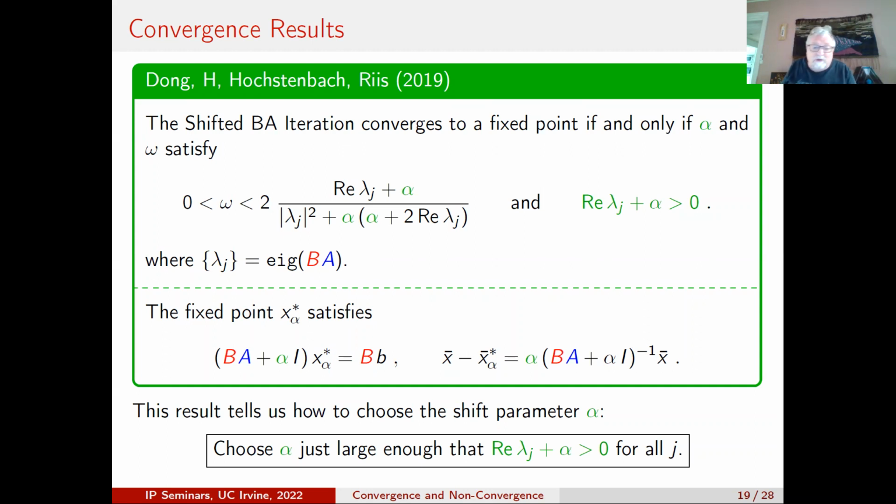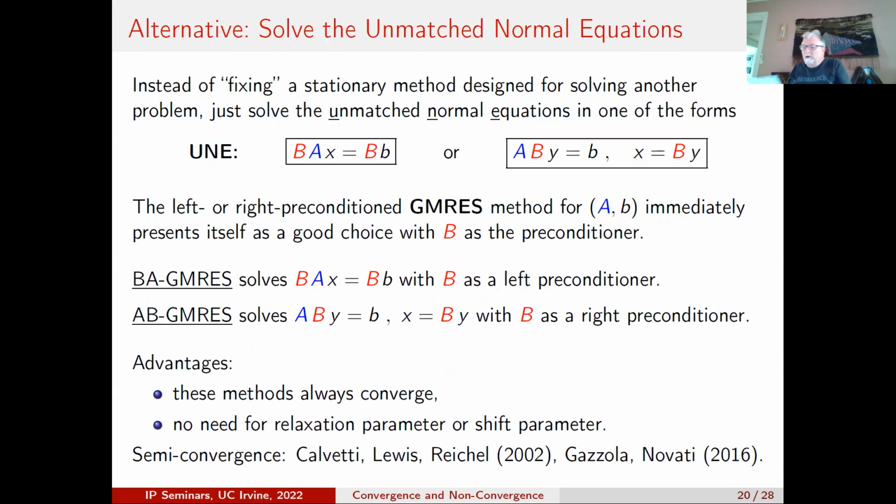And I could stop my talk here, but I want to go on because there's something else you could do. As I mentioned, these classical stationary iterative methods will refuse to converge, so we have to somehow fix them. But there are other iterative methods around, and we might take a step back and say, hey, why don't we just consider these unmatched normal equations?